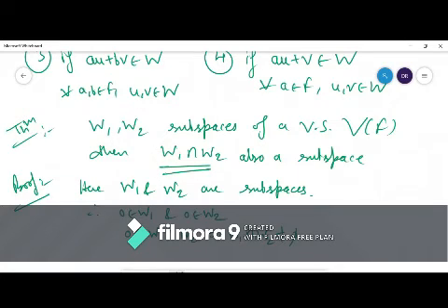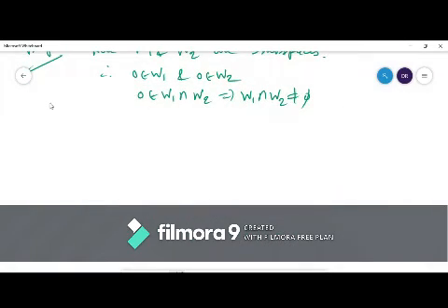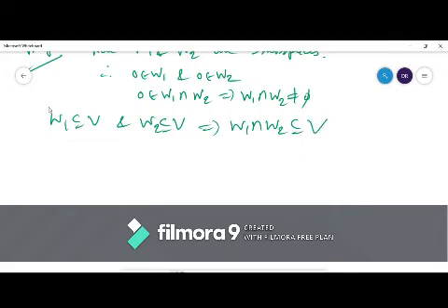Again, W1 and W2 are subspaces of V over F. Therefore, W1 is a subset of V and W2 is a subset of V. This implies W1 intersection W2 is a subset of V. Therefore, W1 intersection W2 is a non-empty subset of a vector space V.